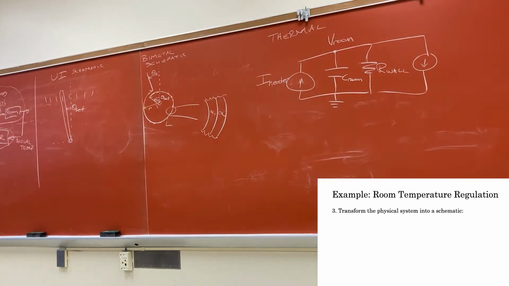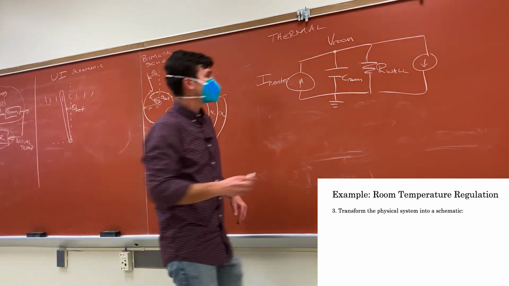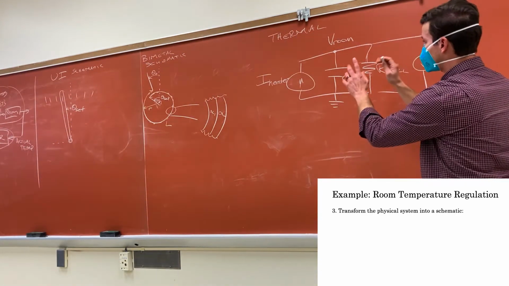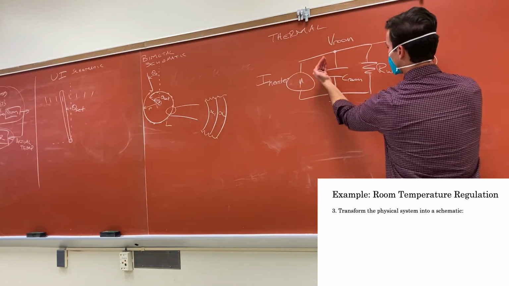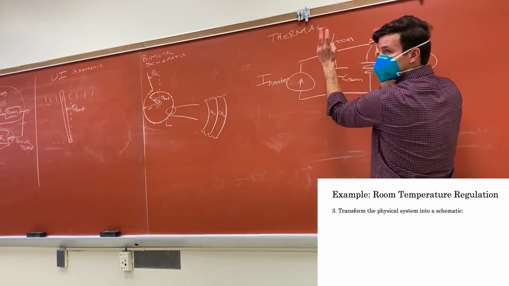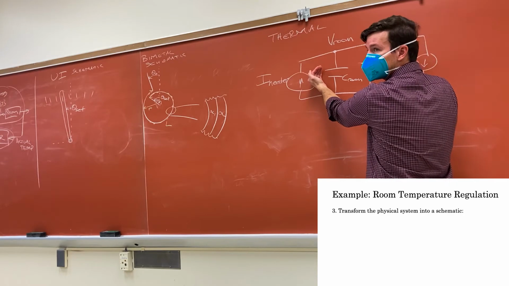One more time? Could the resistor also be represented as the room in the functional schematic? I think that if you were going to make a mapping from this picture to that picture, these would both be part of the room, in my opinion. Yeah.